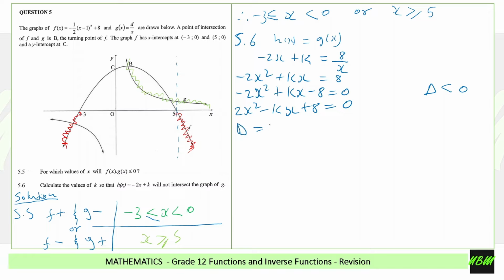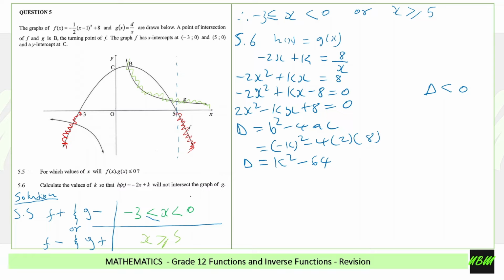Our discriminant is given by b squared minus 4ac, where b, the coefficient of x, is minus k, all squared, minus 4 times a, which is 2, and c is positive 8. Therefore, our discriminant will be k squared minus 4 times 2 times 8, which is negative 64.